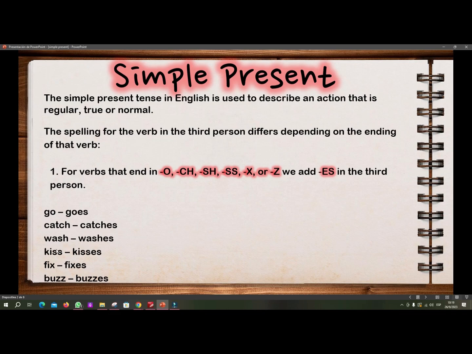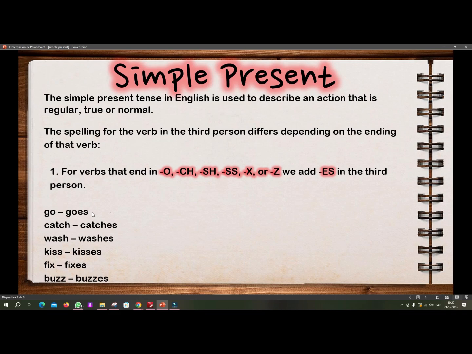Kiss, double S, so kisses. You need to add ES. Fix, fixes. Buzz, buzzes, right? Entonces, acá están las terminaciones, usted solo le agrega ES siempre que tenga tercera persona.